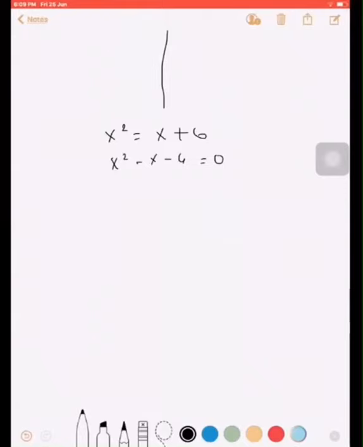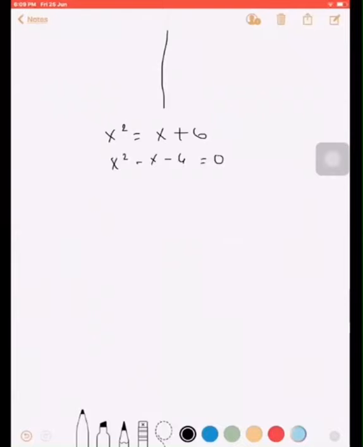As you can see, it forms a quadratic equation. So we're going to use factoring. What are the factors of negative 6 that add up to negative 1? That is negative 3 and positive 2.